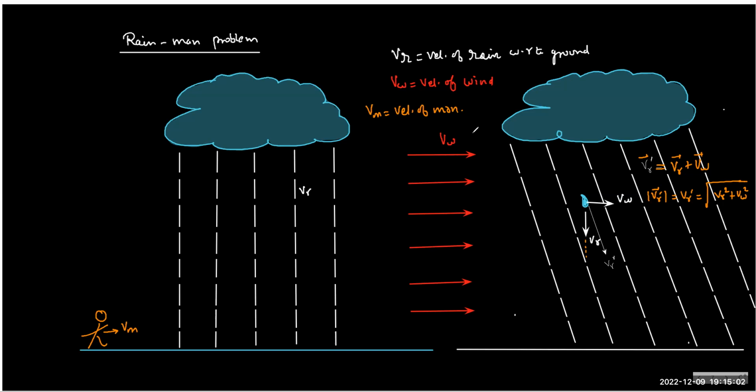So the way the man will see the drops coming will be the same as the ground frame observer, or will it change? The motion of raindrops as seen by the man will be different or the same? Different, because the man itself is in motion, isn't it? Do you realize this? Yes, sir.